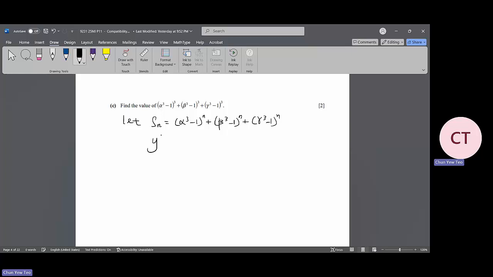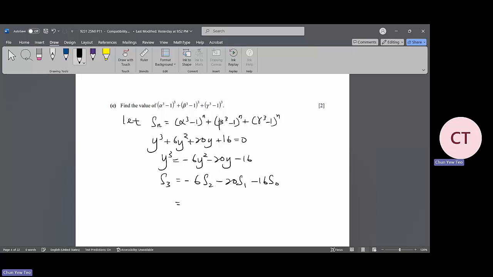So from the equation that we have in part A, we get 6y squared plus 20y plus 16, which means y cube equals negative 6y squared minus 20y minus 16. So we can make it S3 equals negative 6S2 minus 20S1 minus 16S0. So we are looking for S3 actually.